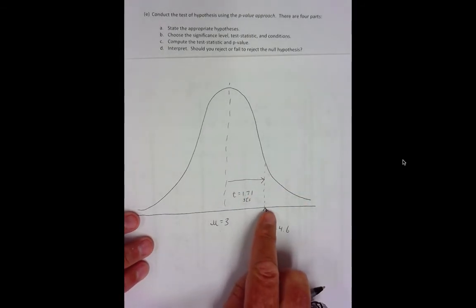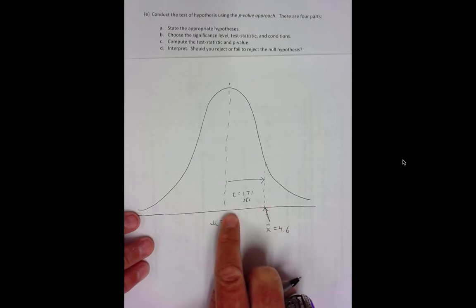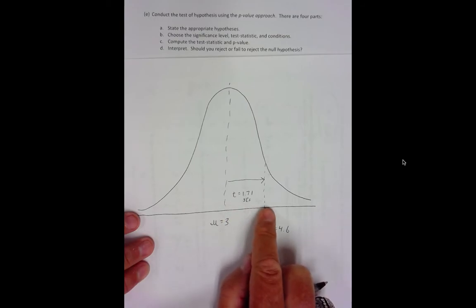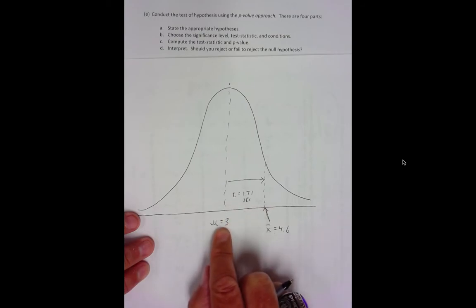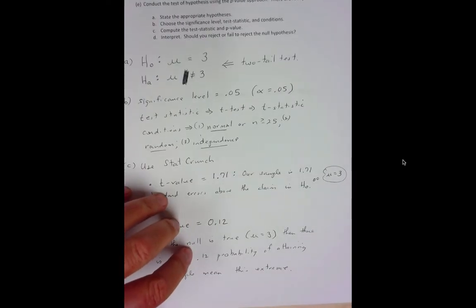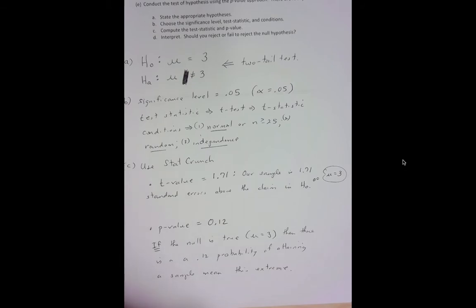Now, is that close enough to say, well, seems like it's 3? Or is that too far away to say, well, it seems higher than 3? Well, you've got to establish your line in the sand, and your line in the sand is your level of significance.